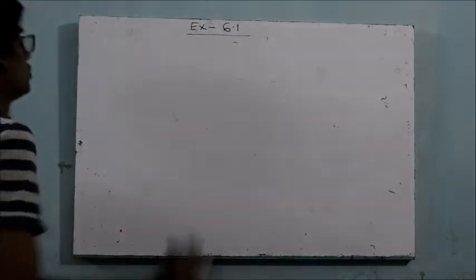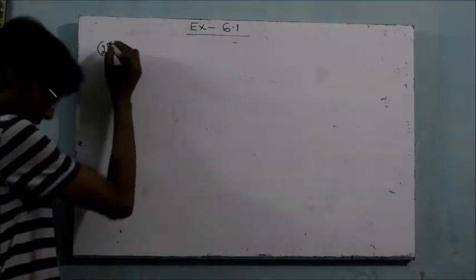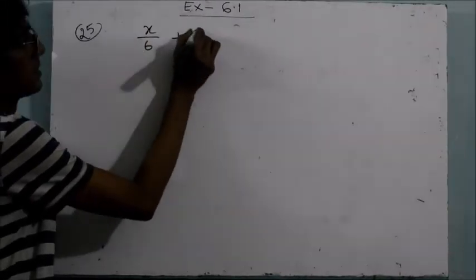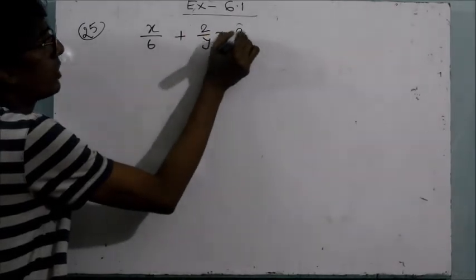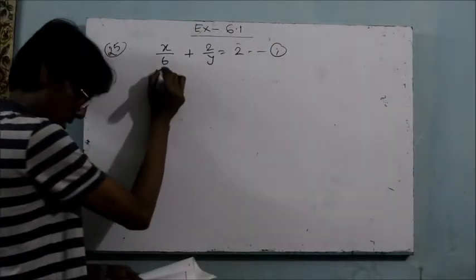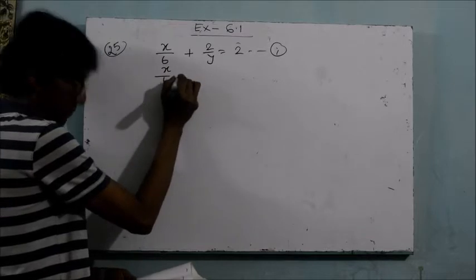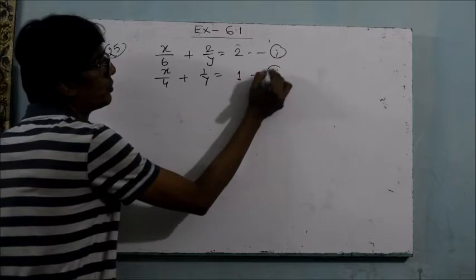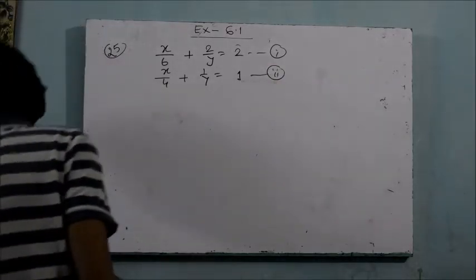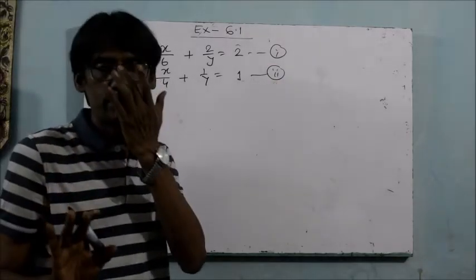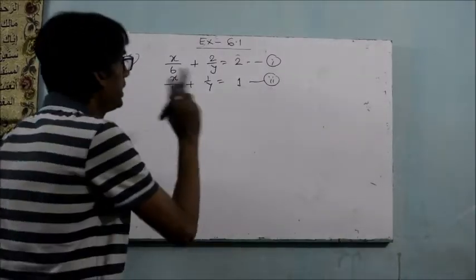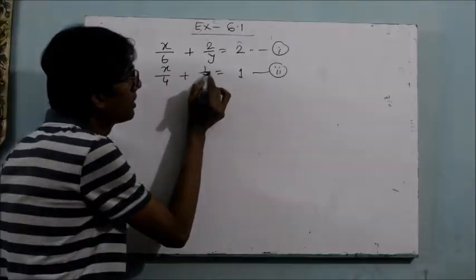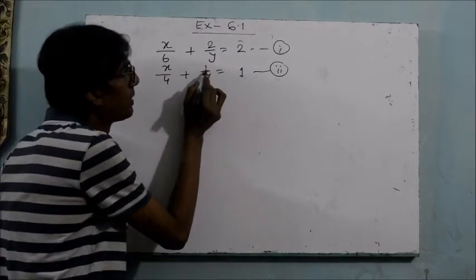Math number 25 is x by 6 plus 2 by y equals 2, equation 1, and x by 4 plus 1 by y equals 1, equation 2. At first decide which variable you want to eliminate, x or y. If you decide to eliminate y, the coefficient of y here is 2 but here is 1.